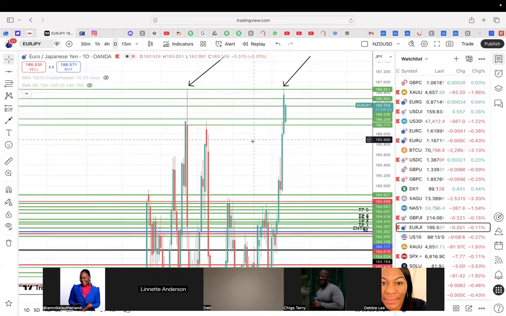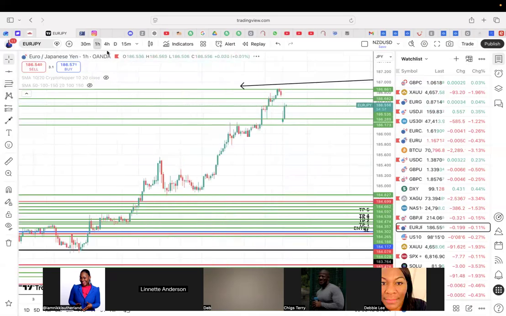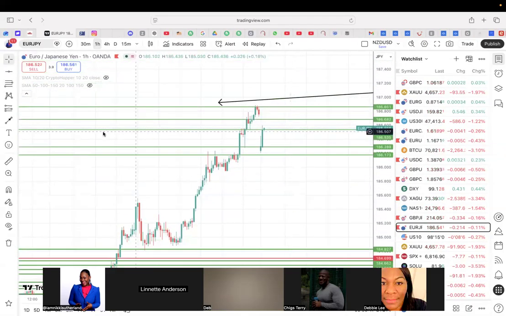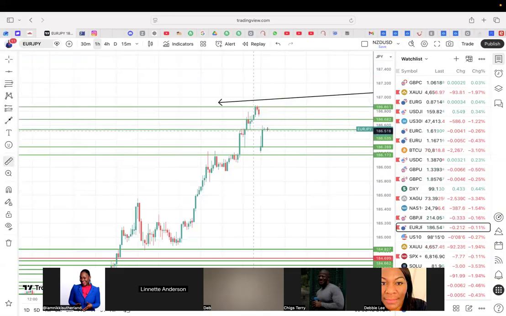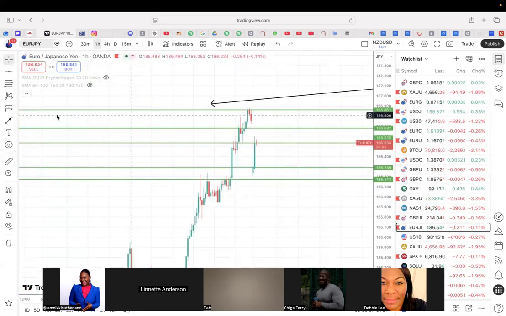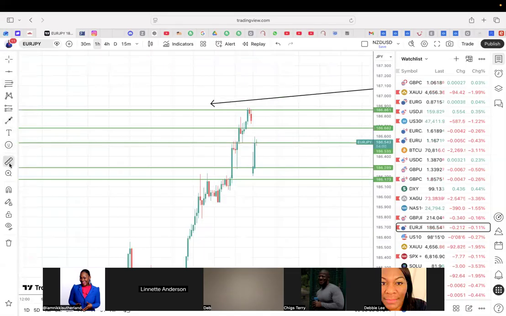So for me personally, I want to see what's going to happen here. So if we have a look and see, we could potentially take that trade up to here, but it's on 10p, we're looking at 32. Let's see, 32 pounds. And where would my stop loss be for that?